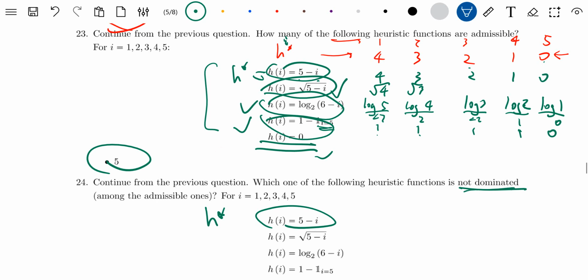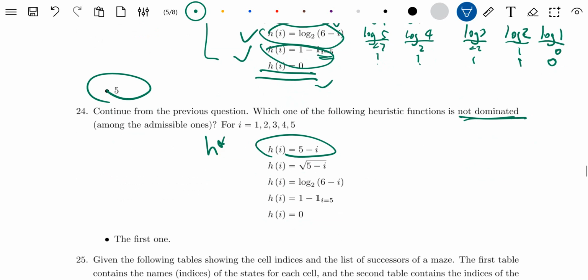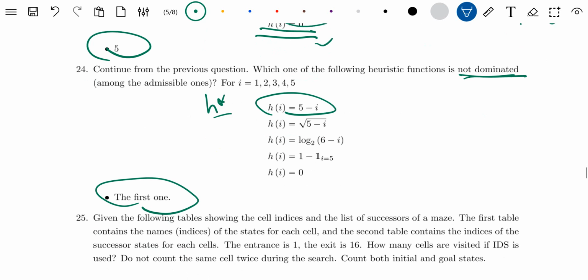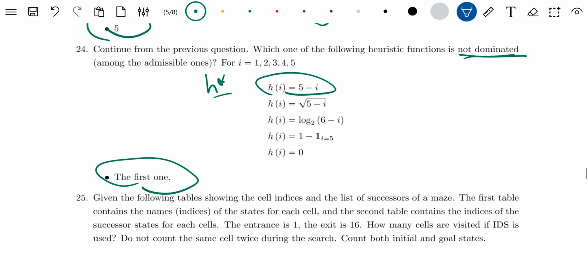So here, I guess the second row would dominate the third one, and the third one would dominate the fourth one, and the fourth one would dominate the last one. But if you have H star, then nothing admissible dominates H star. There might be something that's not admissible, then being larger is not relevant.